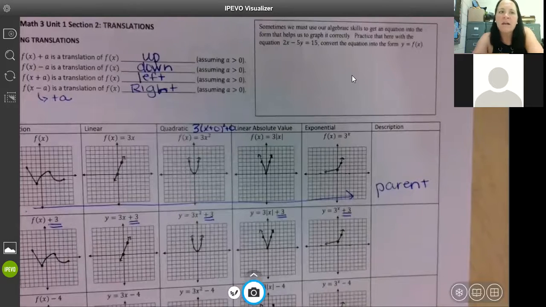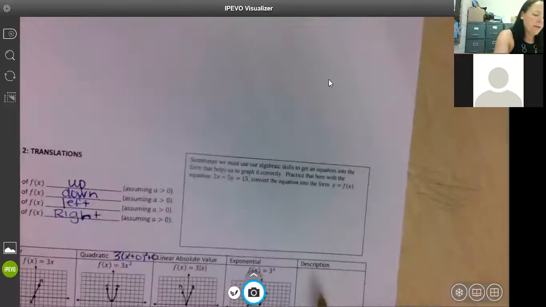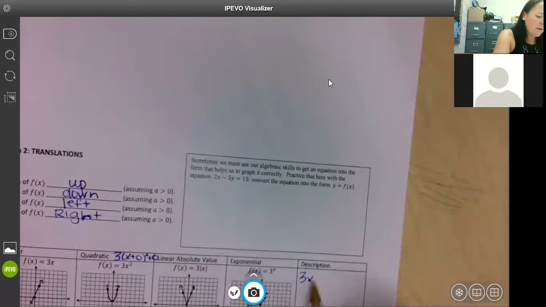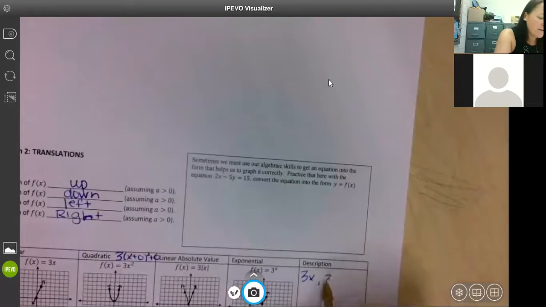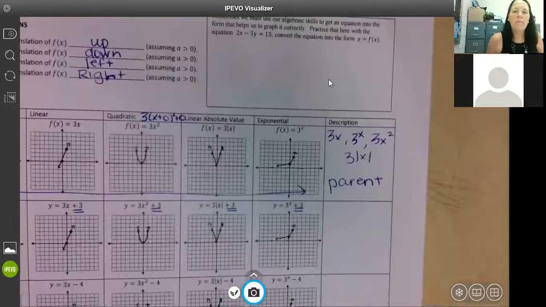Caitlin, I think that I switched them. So if you don't have these notes, if I screwed it up, it's okay. All you have to write is, if you write a couple of the equations, so like on this one, if you have just a piece of paper, 3 to the x, 3x, 3x squared, and 3 absolute value of x are all parent graphs.